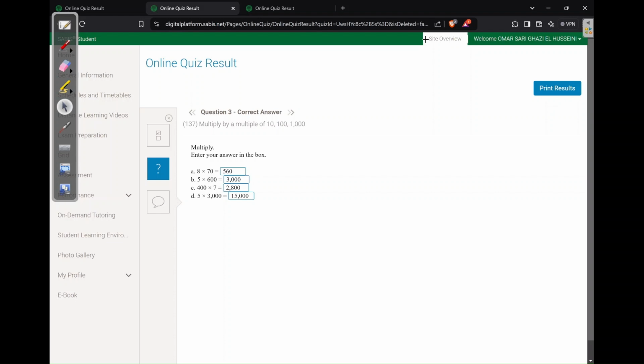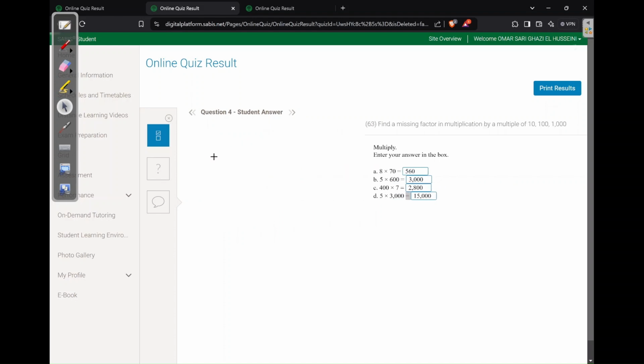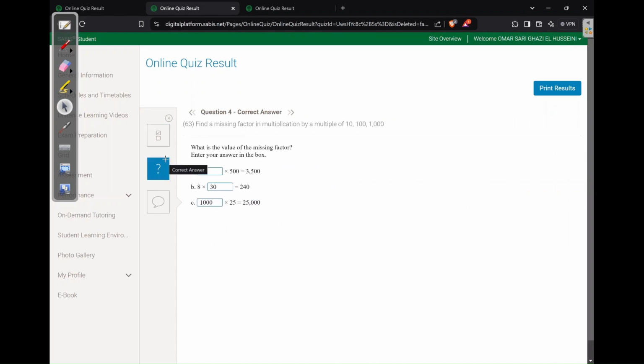400 times 7: 4 times 7 is 28, and we add those two zeros. 5 times 3 equals 15, and we add those last zeros in the end. 7 times 5 equals 35, and then there are two zeros at the end. 8 times 3 equals 24, and then we add that zero to make it 240.